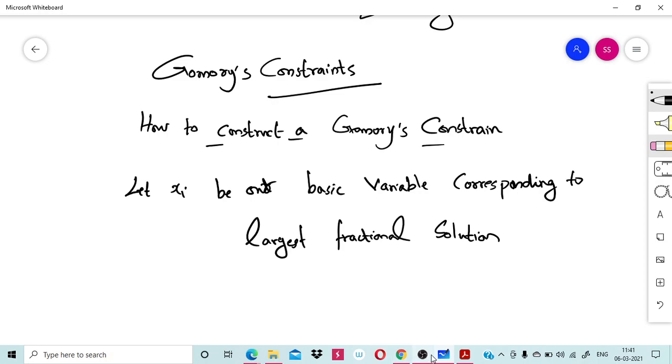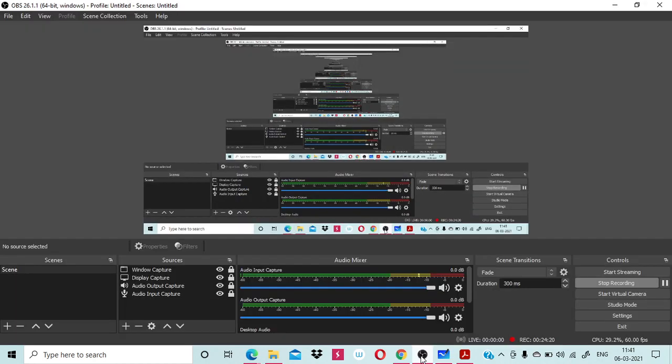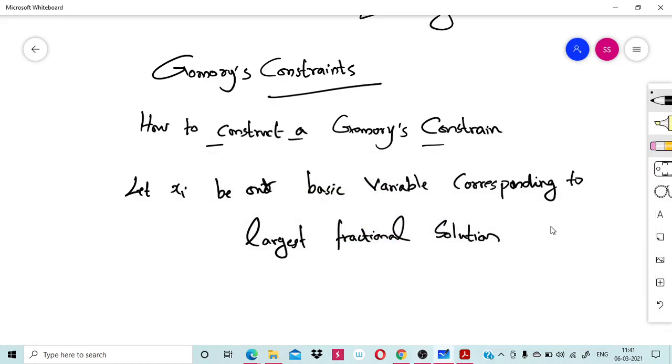In that case I am writing it as xi equal to bi bar minus sigma over j, where j is a new variable varying from 1 to n, of aij bar yj.